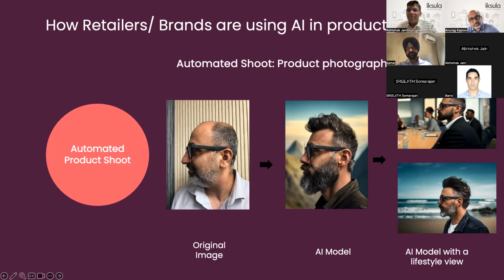And this was one of the briefs for which we had to figure out a solution by finding a way to put it on a colored model, a Caucasian, a Hispanic, a Middle Eastern, and we were able to solve that problem and create imagery in that respect. So we are actually able to create looks by context and models, from Indian faces to Middle Eastern faces to Caucasian faces to colored faces, whatever.